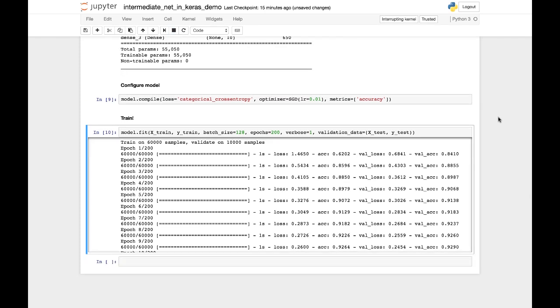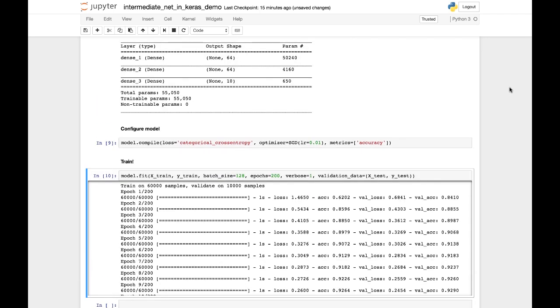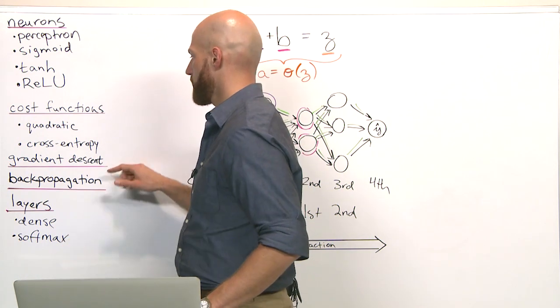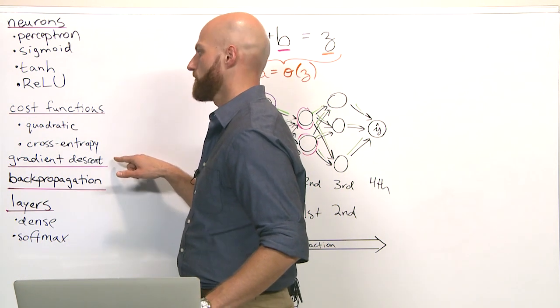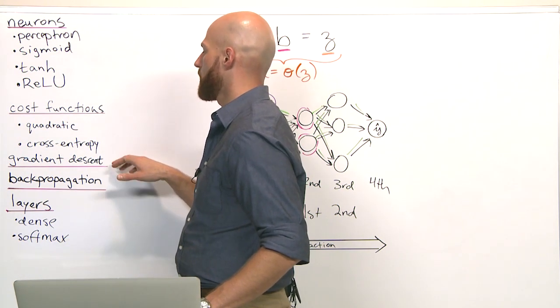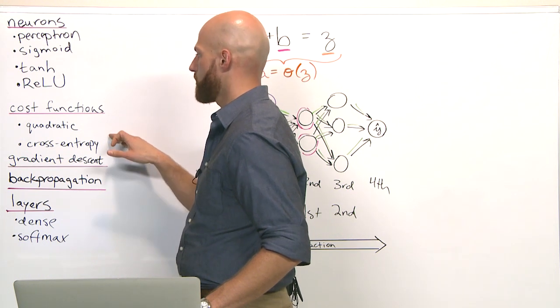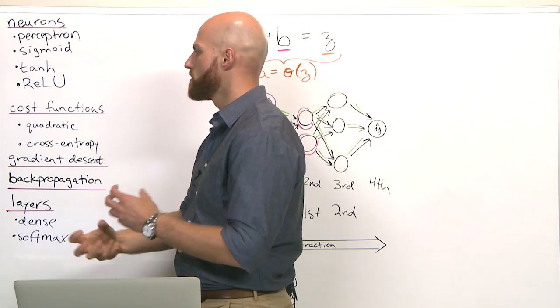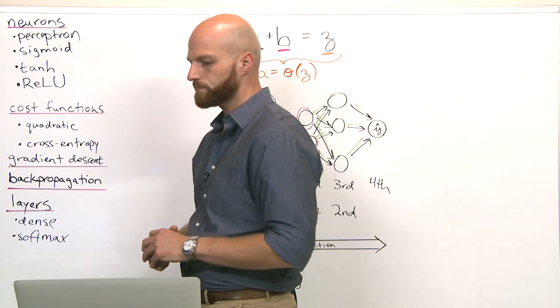So there's one last change that I want to make here. If you recall back to earlier in lesson 2, we talked about stochastic gradient descent as a way of learning how to minimize the cost function, how to minimize error in our network.